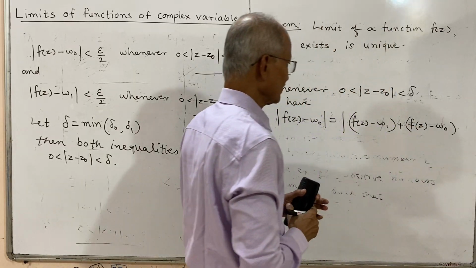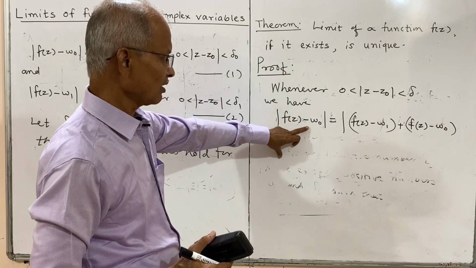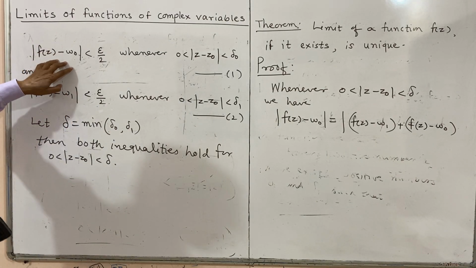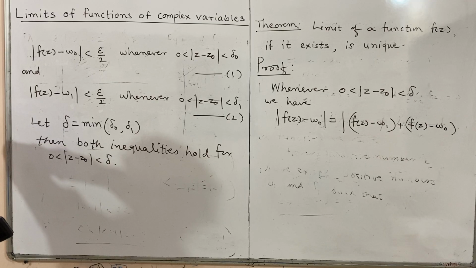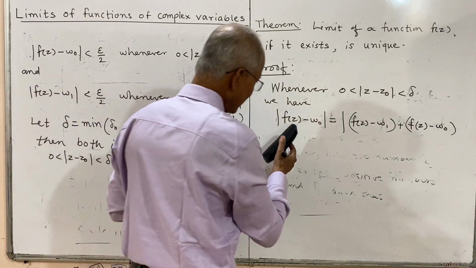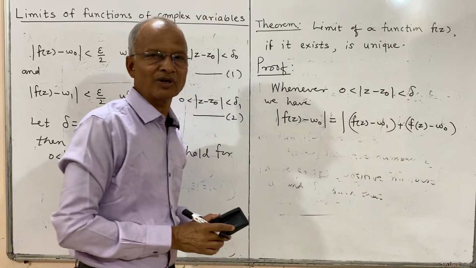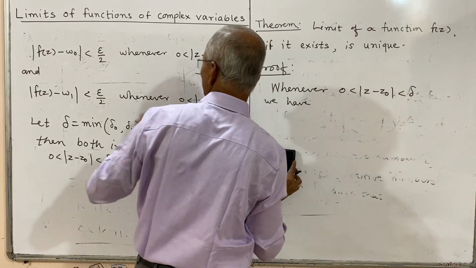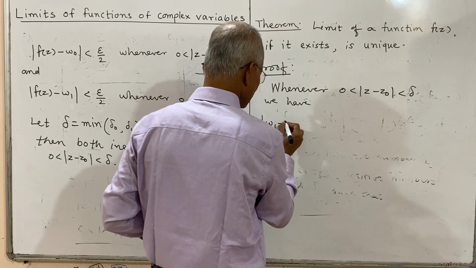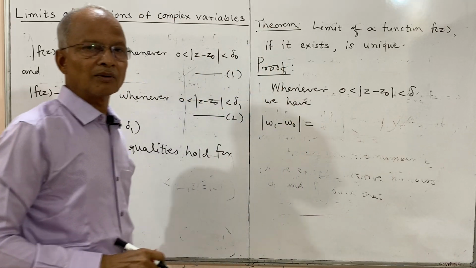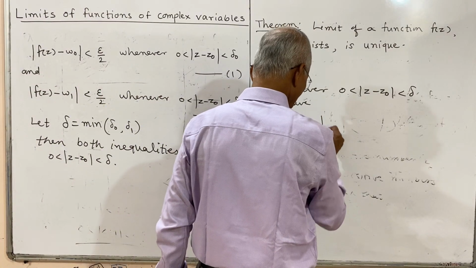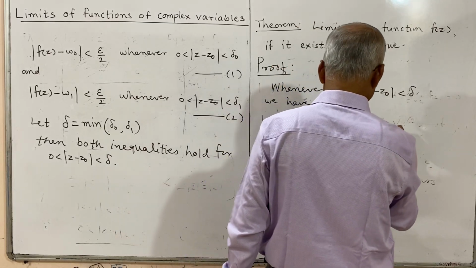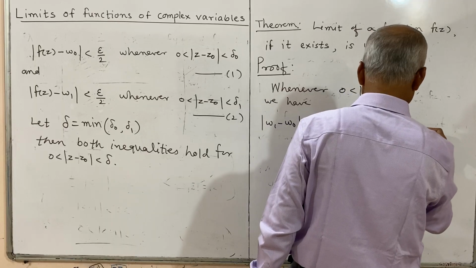We want to find the difference between w1 and w naught, so I shall write it like this: w1 minus w naught, and this can be written as mod of f of z minus w naught minus f of z minus w1.